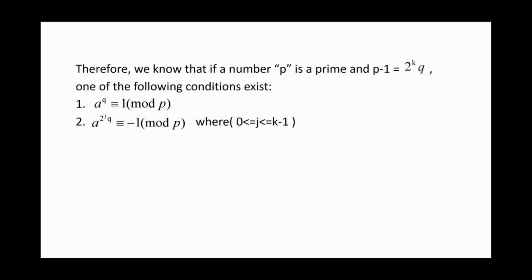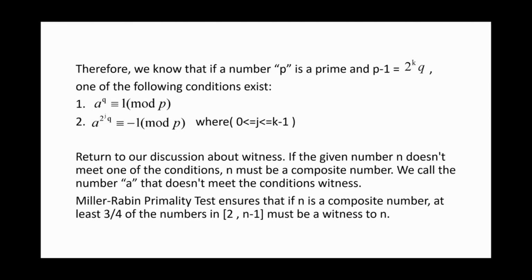Therefore, we know that if a number p is a prime and p minus 1 equals 2 to the power of k times q, one of the following conditions must hold. Return to our discussion about witness. If the number n doesn't meet one of the conditions, n must be a composite number.